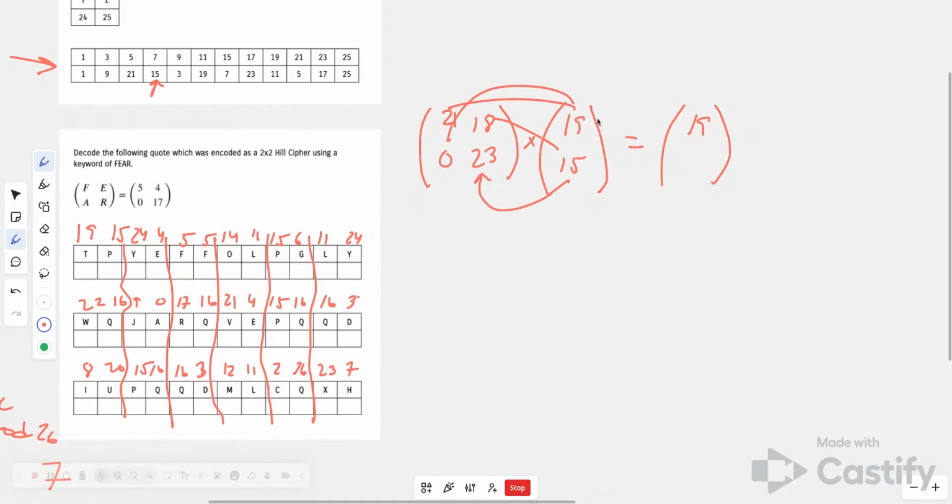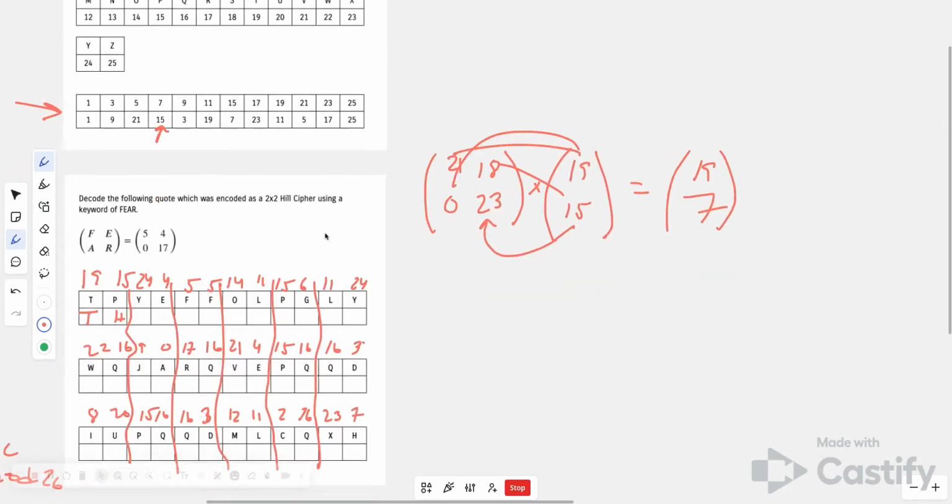So it's just a pattern that you're going to keep doing for each of these pairs. So 19 times 0 is 0, and then 23 times 15 is 345, and then we do mod 26, and then we get 7. So our first letter would be the one that goes with 19, and our second one would be 7. 19 goes with T, and then 7 is H, according to our table up here.